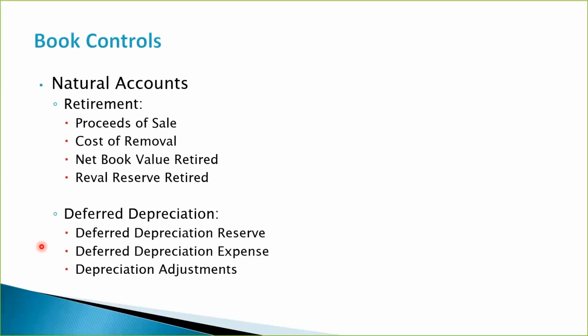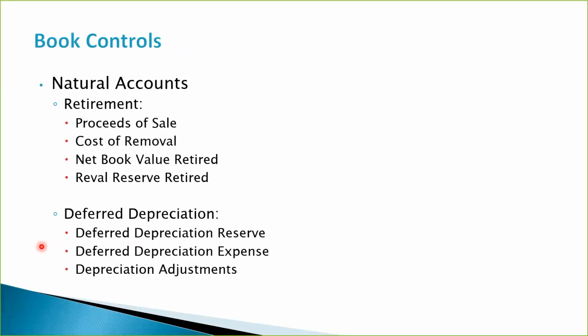The other thing we need to have are these natural accounts that are used in some of the transactions in FA. The first bunch of accounts, you can see the proceeds of sale, cost of removal, revolve reserve. Those ones are used in retirement of assets, okay?